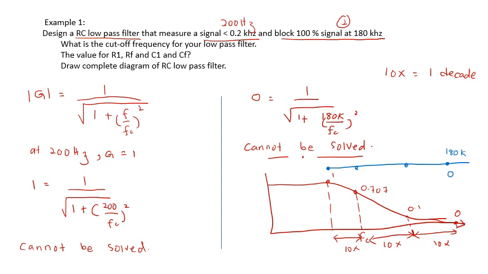A decade lower than 180 is 18, so 18 kilohertz will give you 0.1. A decade lower than that is 1.8. You can see 180 divided by 10 gives you 18, 18 divided by 10 gives you 1.8, and 1.8 divided by 10 gives you 0.18.